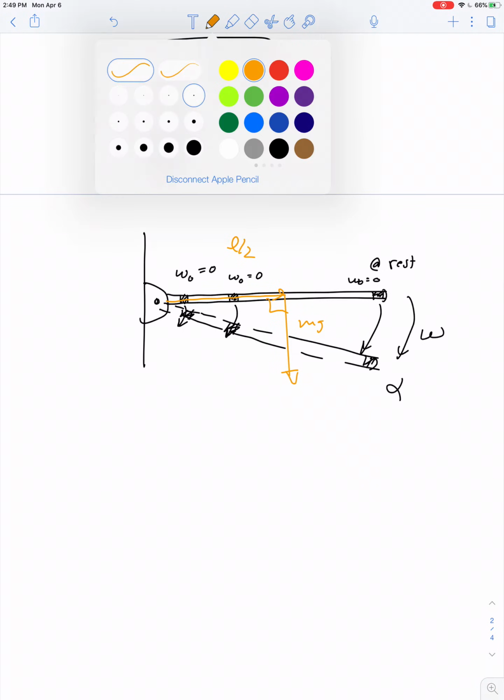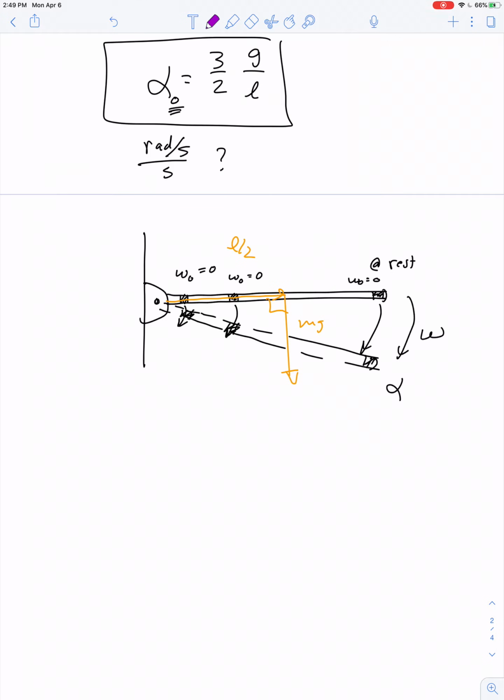Now notice when the beam is in the second orientation, the lever arm hasn't changed. The distance from the hinge to the center of mass is still a distance of L over 2, and the force of gravity still pulls straight down and still has a magnitude of mg. But you see what changed, don't you? The angle is no longer 90 degrees. The angle is now greater than 90 degrees.